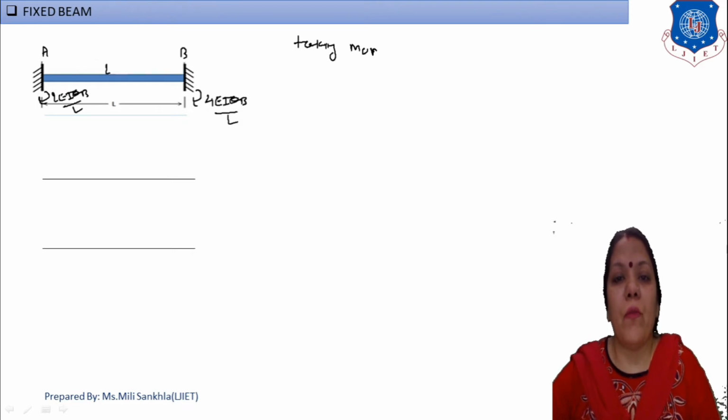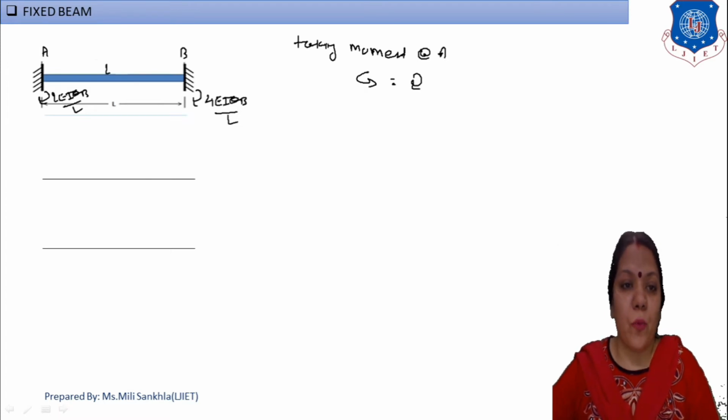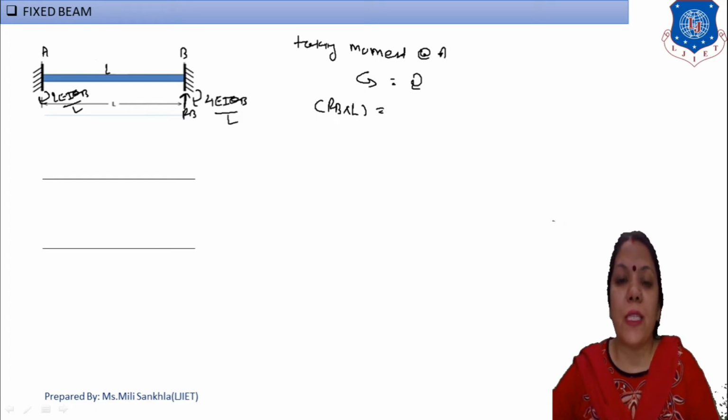Now to find the support reaction, we take moment about A. With any point we can take a moment. That means the anti-clockwise moment is equal to the clockwise moment. Suppose support B reaction RB rotates about A anti-clockwise. So on the anti-clockwise side write RB into L, and these two moments are clockwise, so write them on the clockwise side.